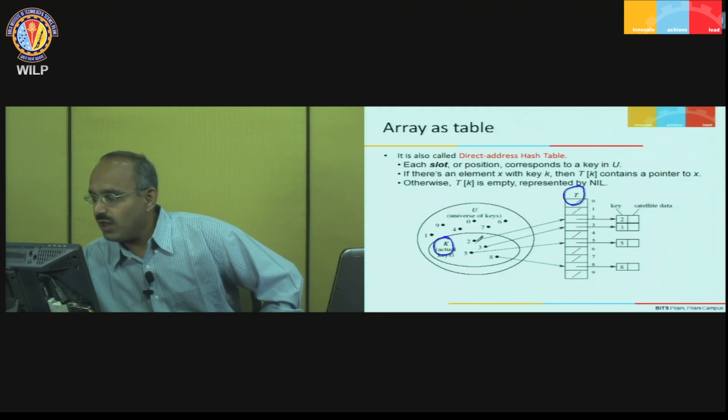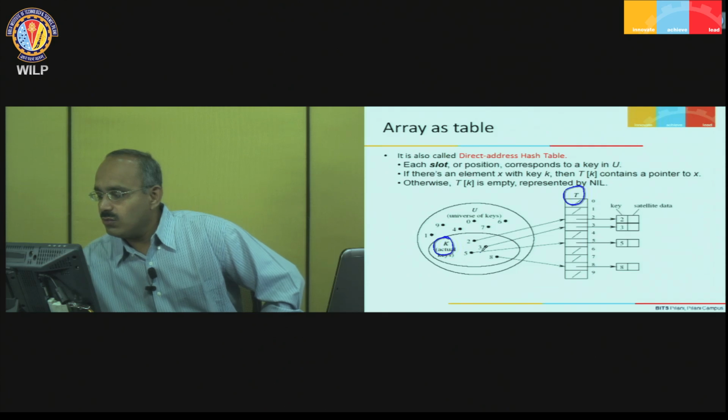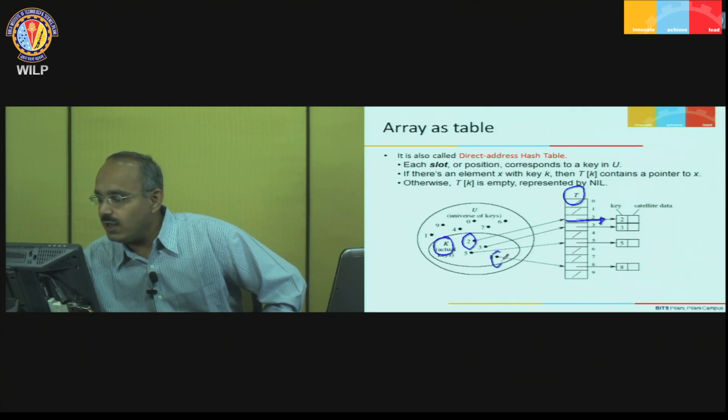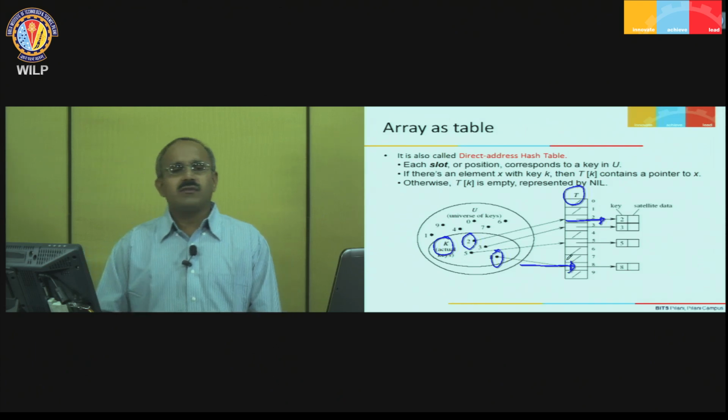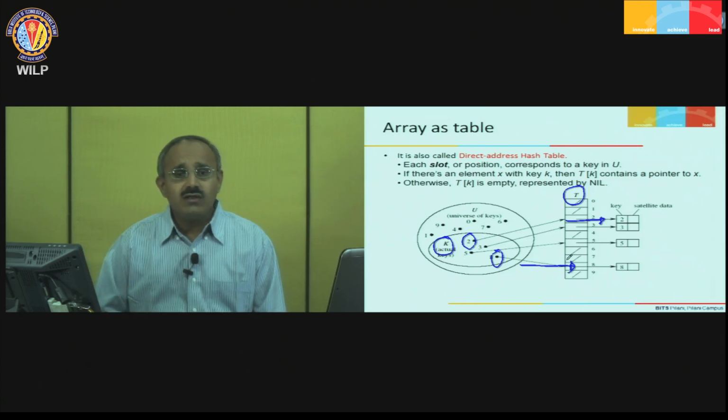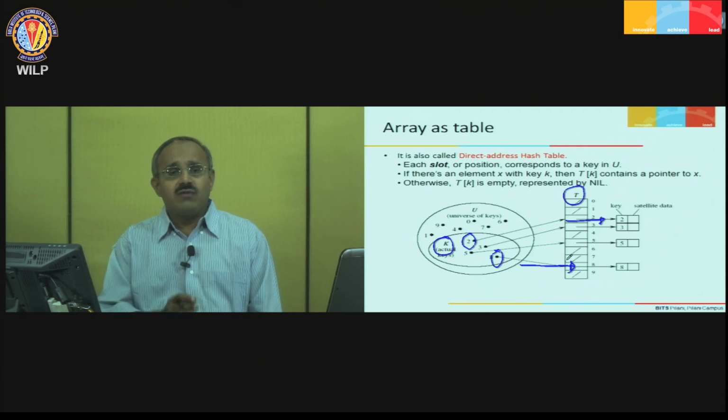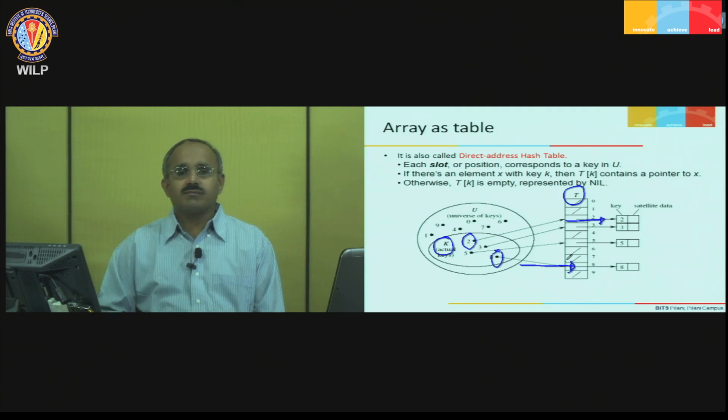So, we have a pointer to this particular element. If I look at 2, it is going to be at the second slot in my table. Similarly, if I am looking at 8, it is going to be at the 8th slot in my table. This is exactly what we saw earlier, 44 is stored at A[44].